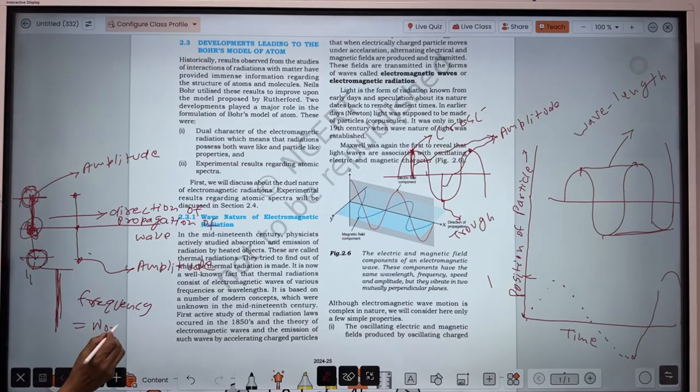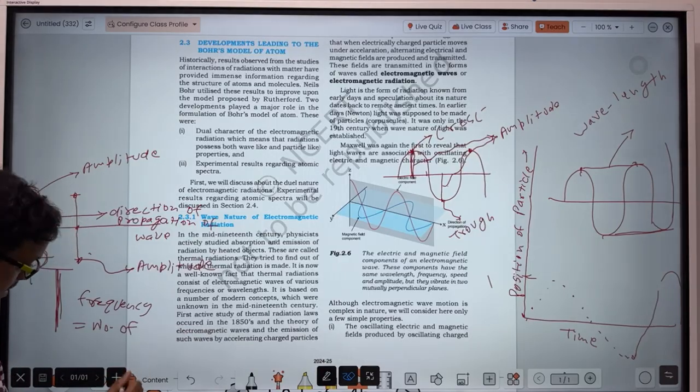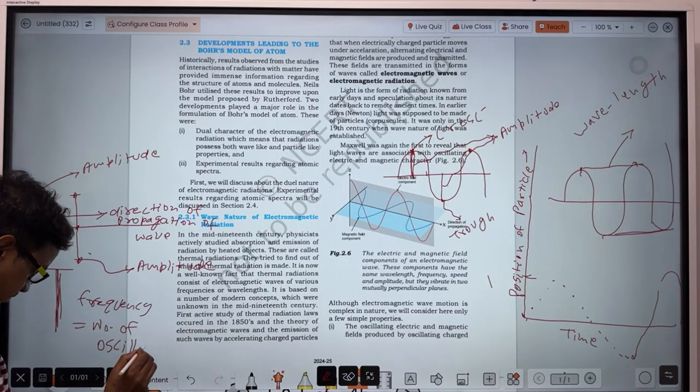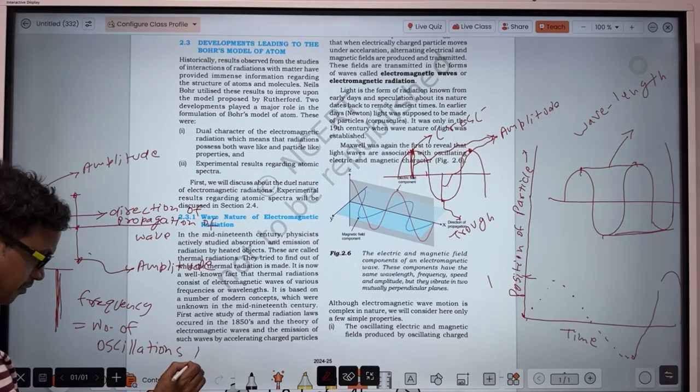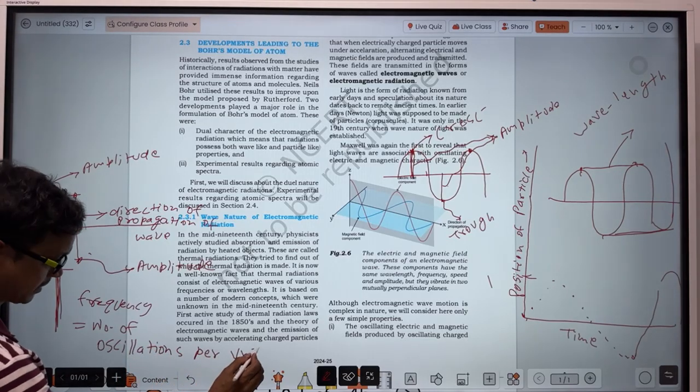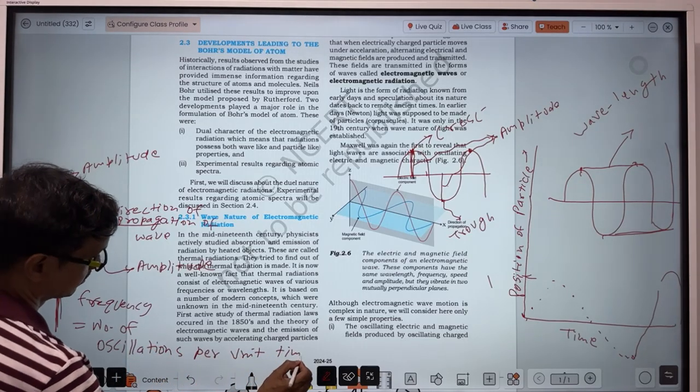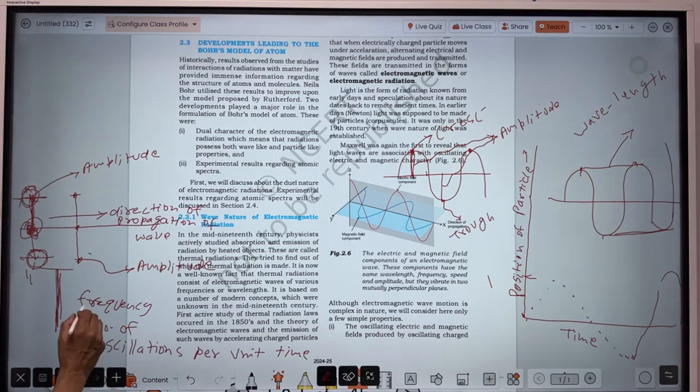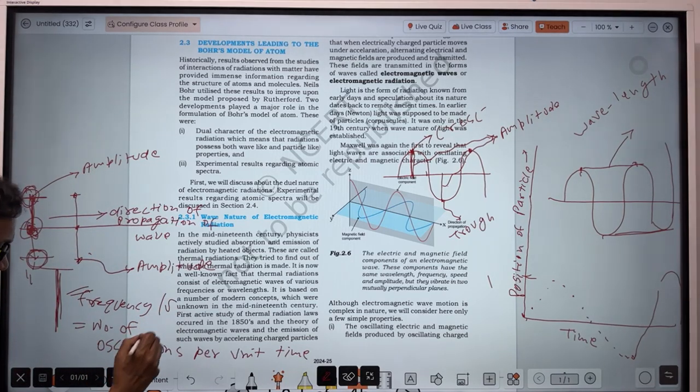Frequency is the number of oscillations per unit time. Okay, frequency is indicated by nu.